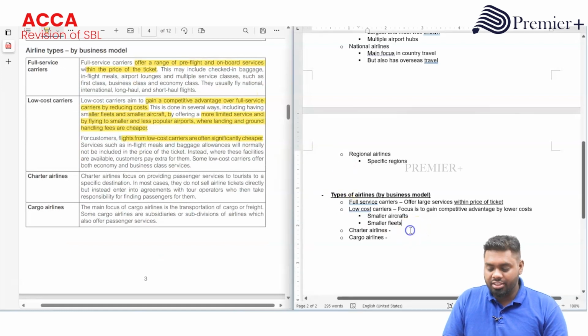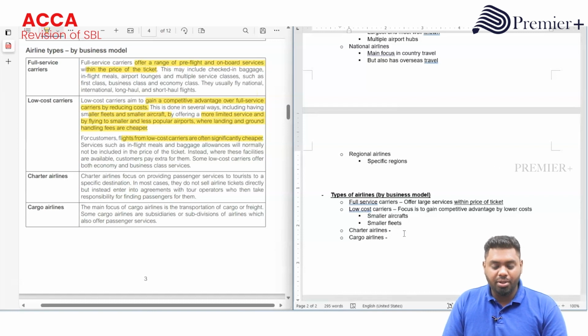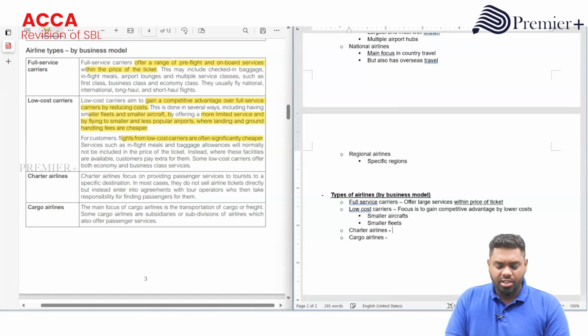Next is charter airlines. Charter airlines focus on providing passenger services to tourists to a specific destination. In most cases, they do not sell airline tickets directly, but instead enter into agreements with tour operators who then take responsibility for finding passengers for them.